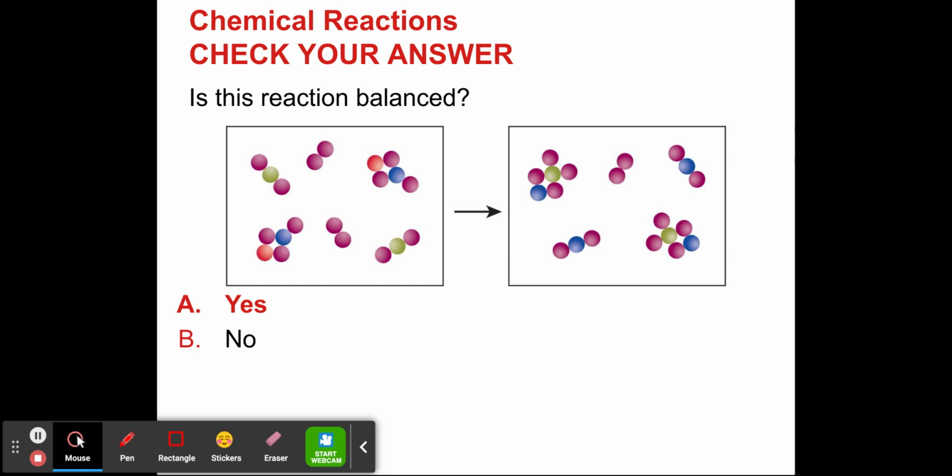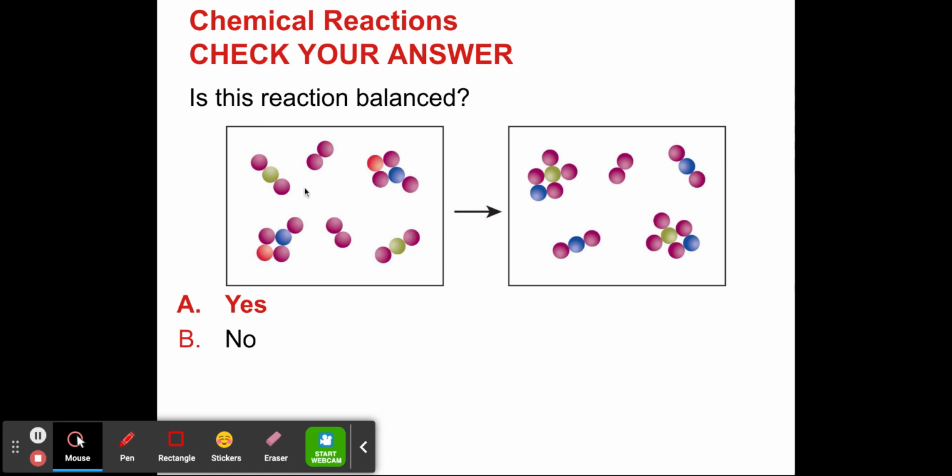Okay. So a reaction that is balanced is one in such a way that the atoms are going to be the same. Now, if you want to count the number of atoms, you might say this reaction is balanced. But if you want to focus on the types, then it's not.